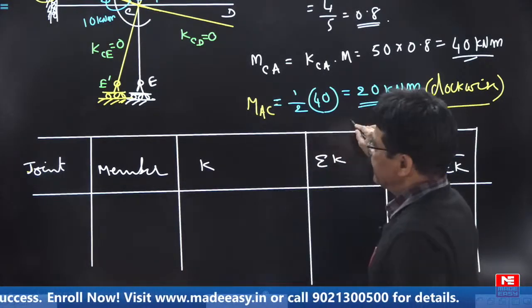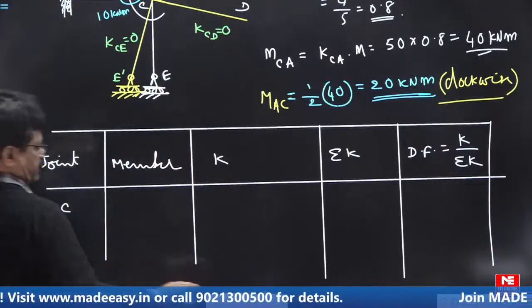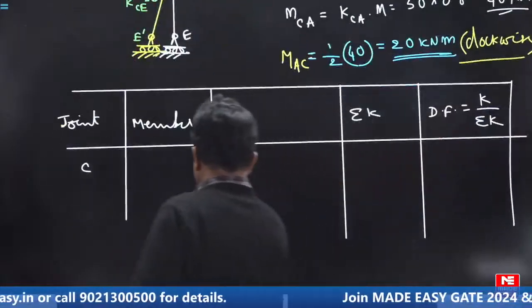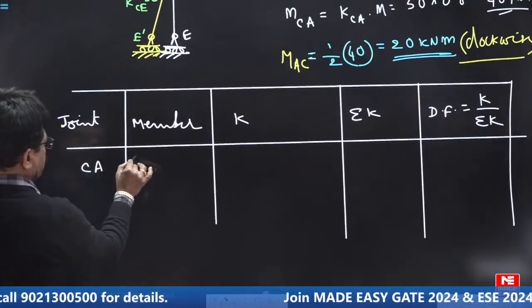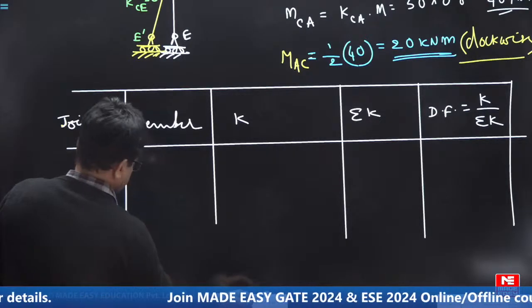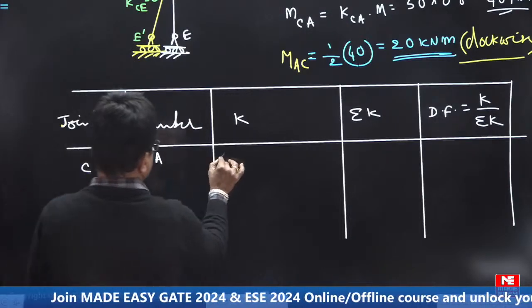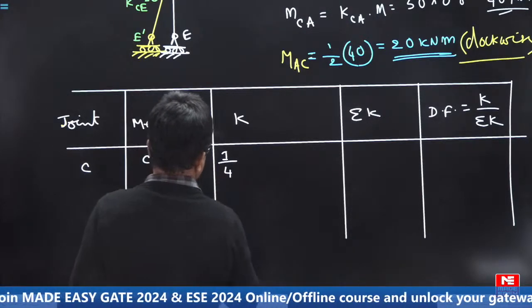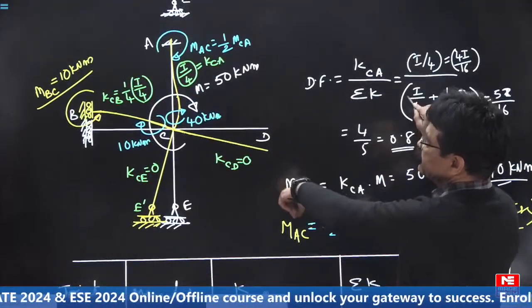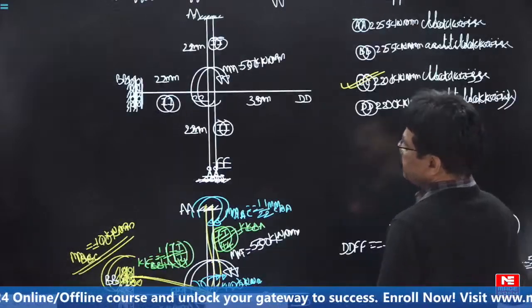Which joint are we taking? C. CA. Far end is fixed. I by, joint is C, member is CA, I by 4, because this is the 4 meters length. 2 meters only it is.